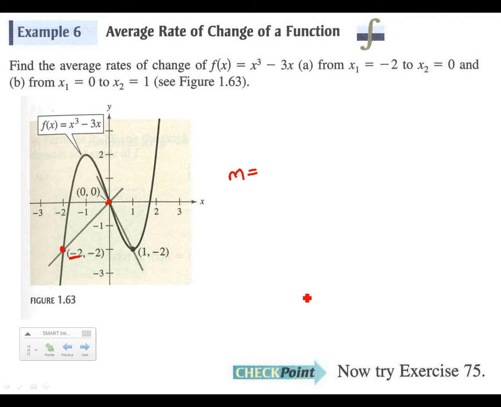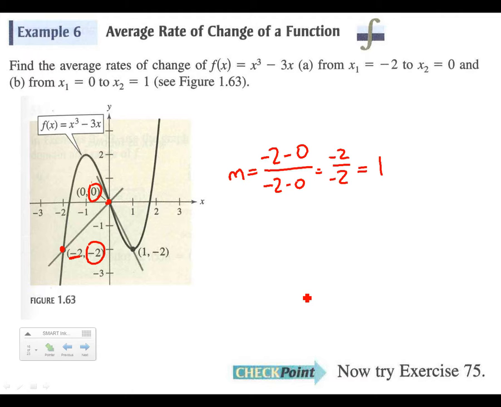At the start, our y value was -2, and at the end, our y value was 0. Getting those points from here and here. And then we need to divide by what our x values are. They also happen to be -2 minus 0, so we'll get -2 over 2 for a rate of change between those 2 points of 1.